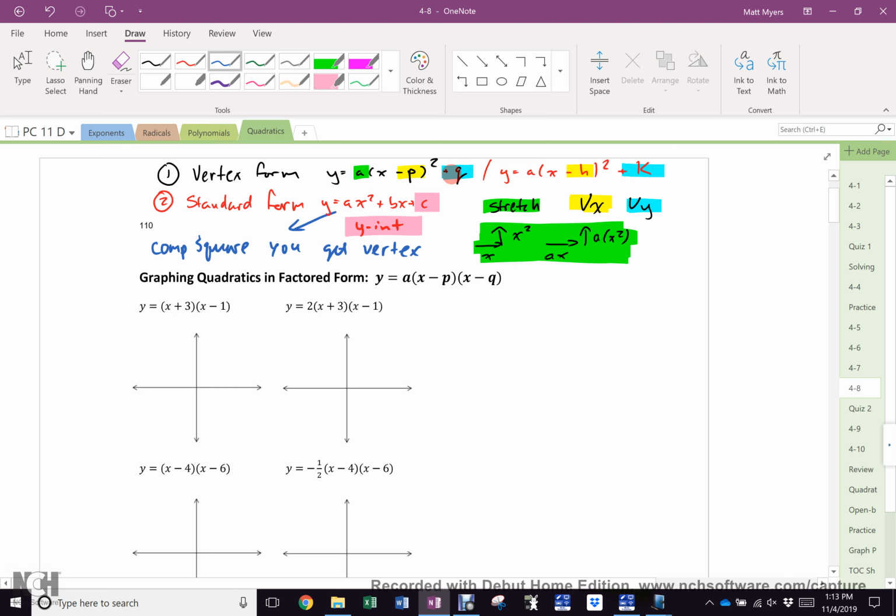Okay. Now remember how I said this would become readily apparent to you why they use H and K? Because the other way math teachers like to teach factored form of quadratics is they put a P and a Q here too. Now, you're smart kids. You know that if P shows up here and P shows up here, they should be the same thing, shouldn't they?